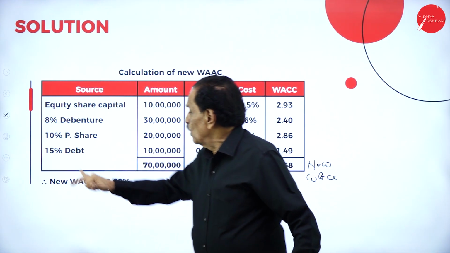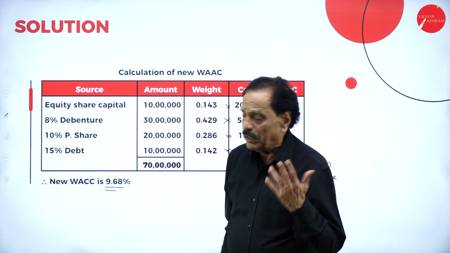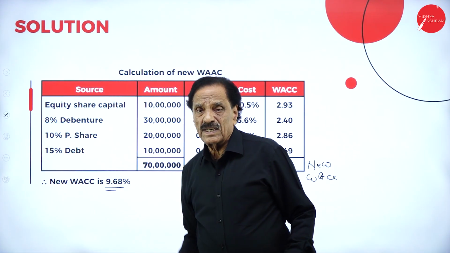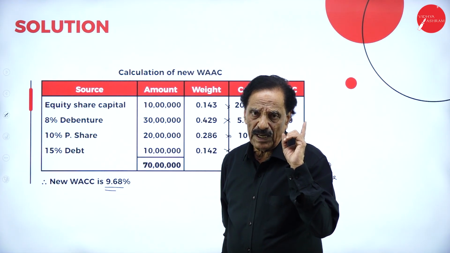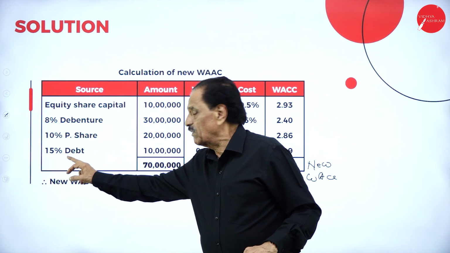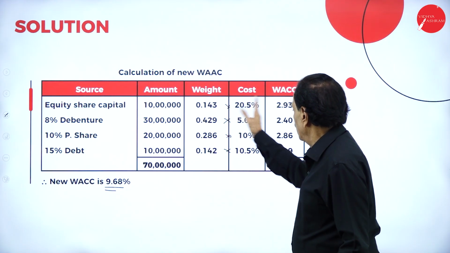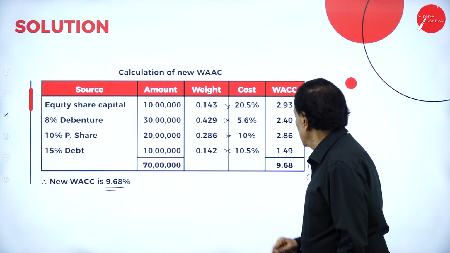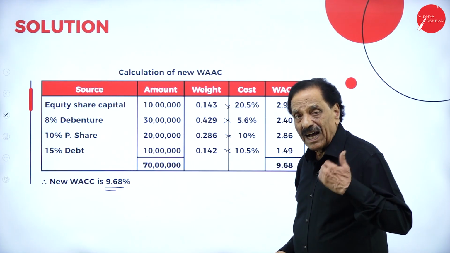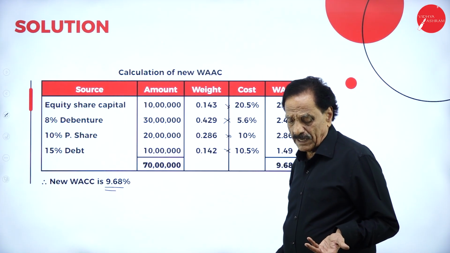Regarding the preference, whatever is given should be taken. Regarding debt, it is I into (1 minus T): 8 into (1 minus T), 15 into (1 minus T). Then multiply. Whatever total you get is called the weighted average cost of capital.